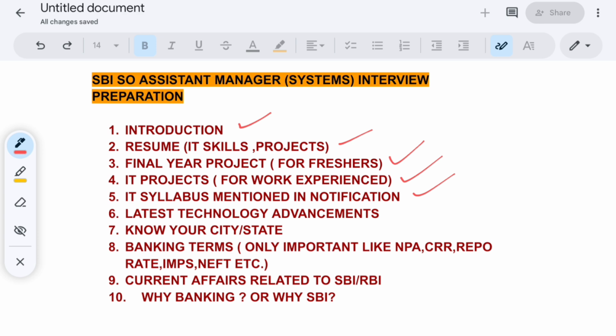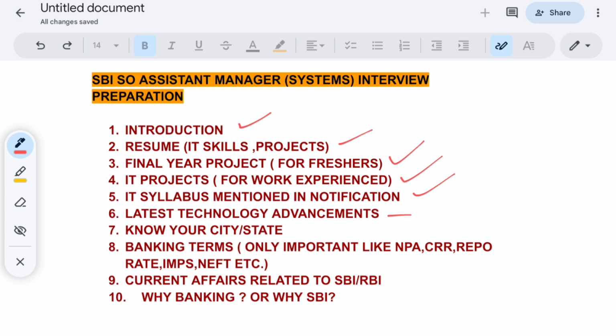The sixth is the latest technology advancements. They can ask questions on the latest technology, like artificial intelligence and machine learning. You should have a basic knowledge of these topics, because it will be a plus point; they will know how aware and updated you are about the technologies.